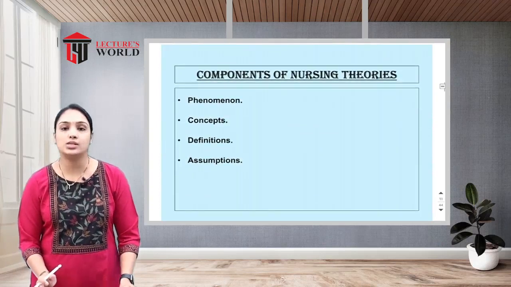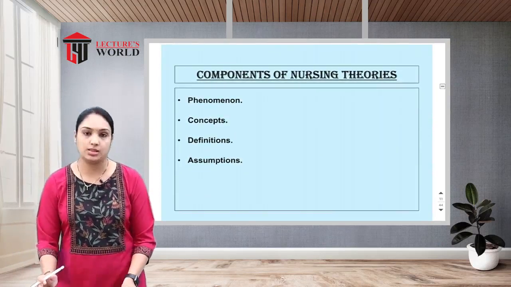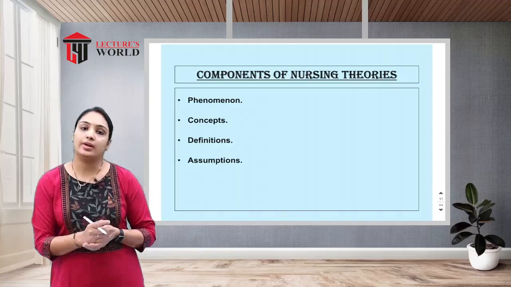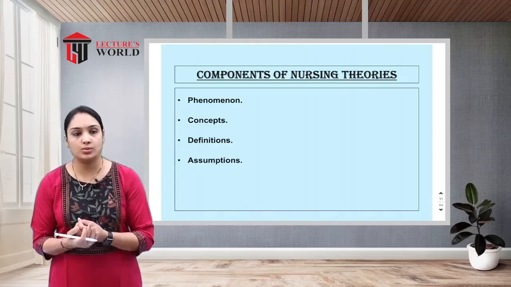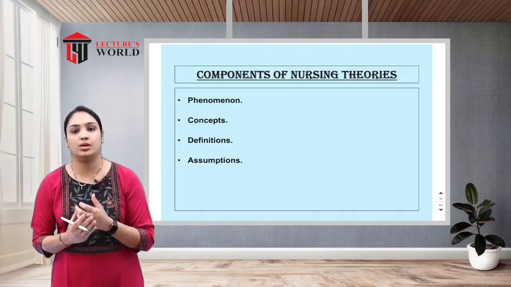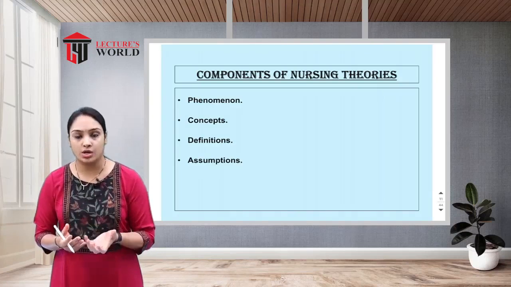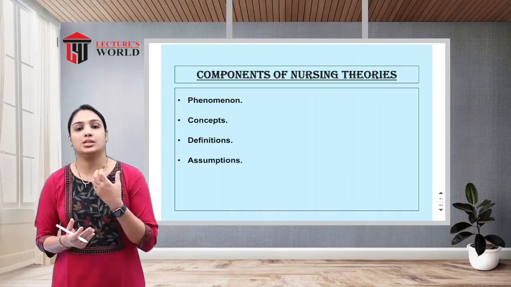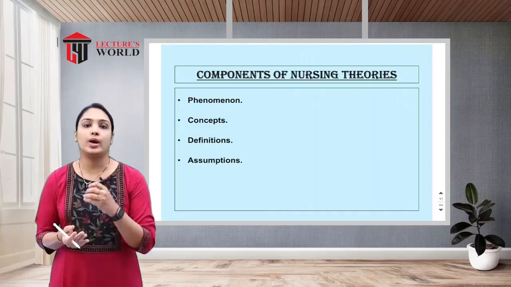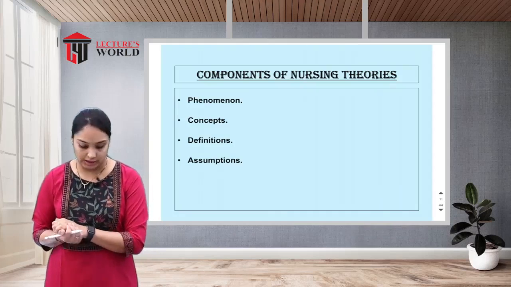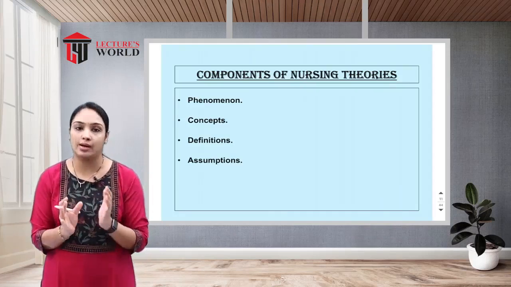Now, components of nursing theories. In nursing theories we have discussed different terminologies: what is theory, what is definition, what is philosophy, what is phenomena, what is conceptual framework. Now, what are the components of theory, and how can theories be developed?